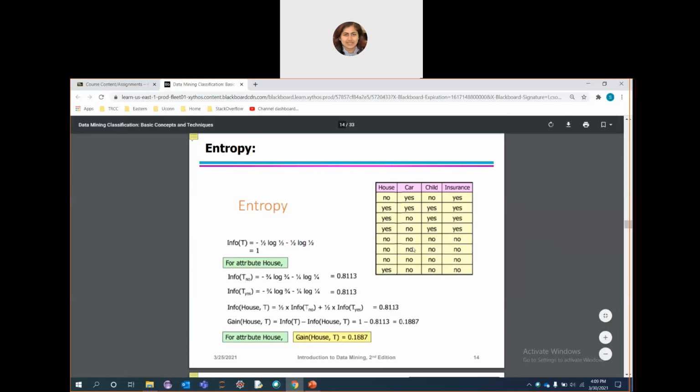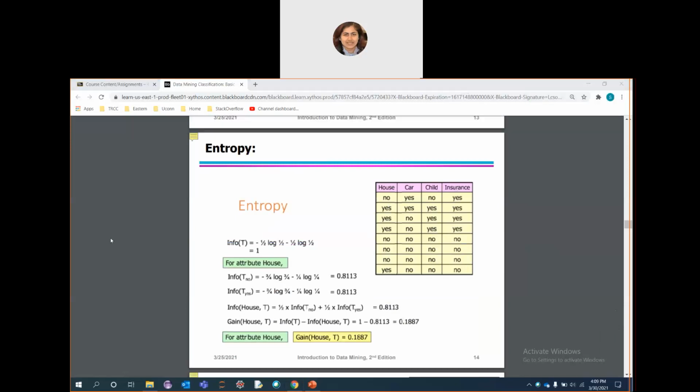Okay, so let's see here. This is our given data set. We want to classify our data set based on the binary classification, that is yes or no, and we want to classify based on this column or attribute, that is the insurance.